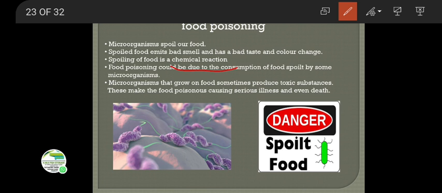Microorganisms will produce some toxic substances by growing in that food, and if we are consuming that food which is already spoiled, those toxic substances will cause food poisoning to us. Sometimes even it may lead to the death of a person.